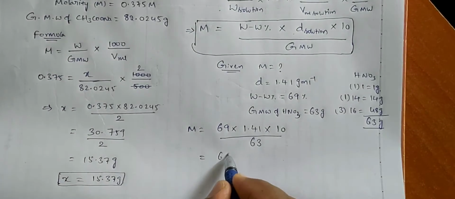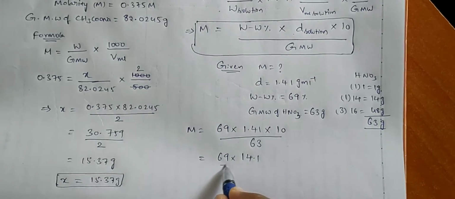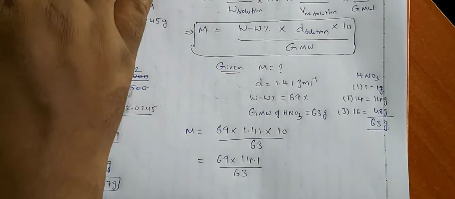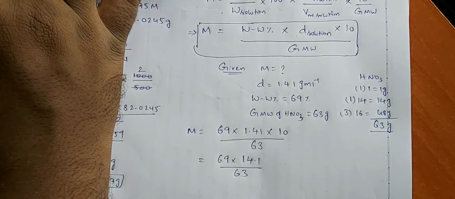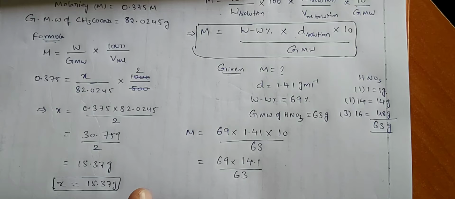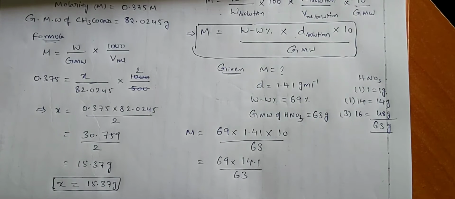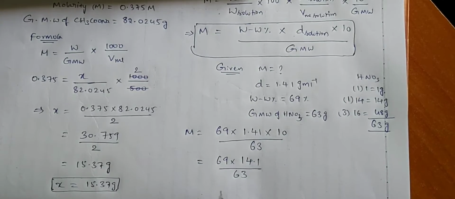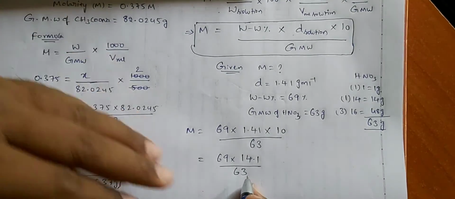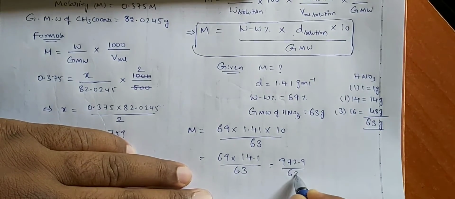This is equal to 69 into 1.41 into 10, that is 14.1, divided by 63. Let us see this calculation now. 69 into 14.1 is equal to 972.9, divided by 63.